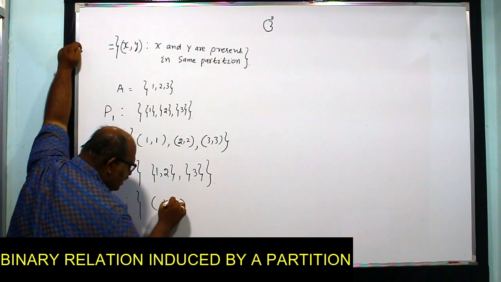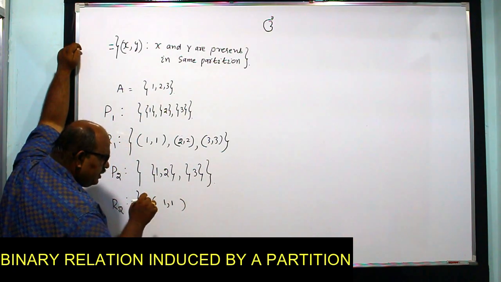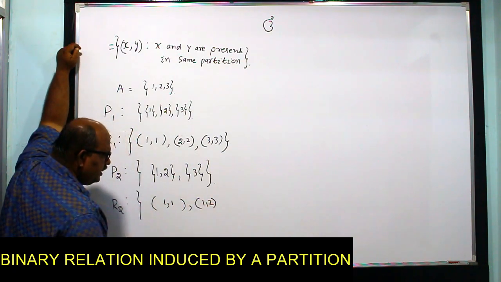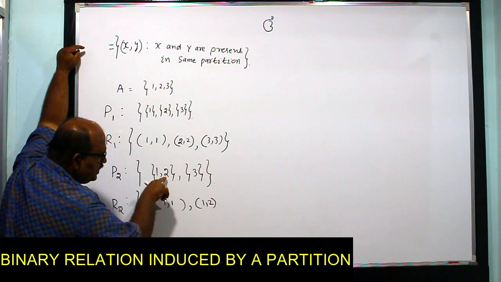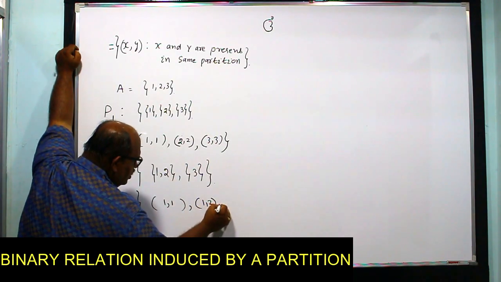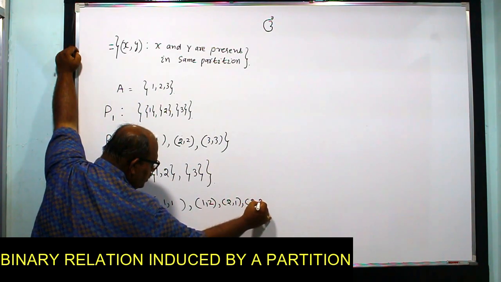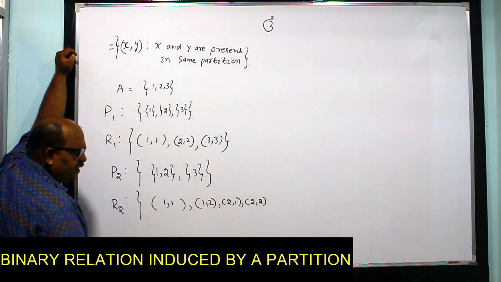Means I can write (1, 1) or not? Yes. Similarly, here I can write (1, 2) or not? Yes. Because here 1 and 2 are present in the same partition. Also I can write (2, 1). Also I can write (2, 2). Because they are present in the same partition.